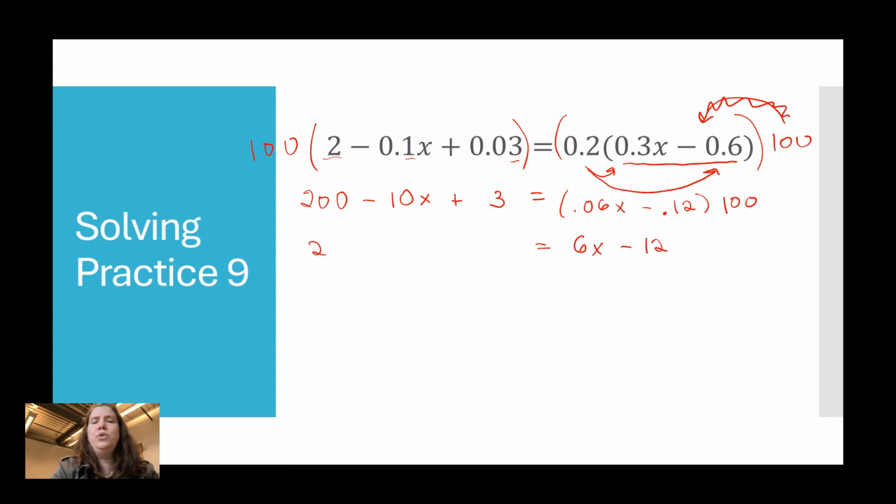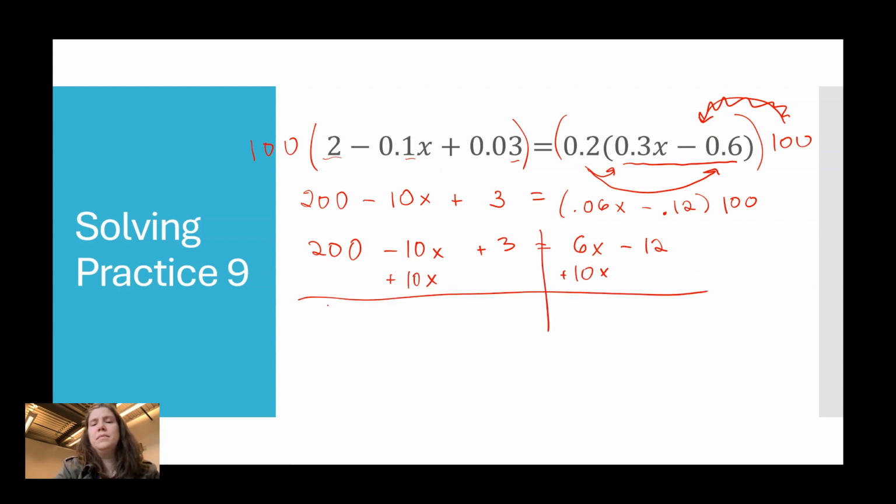So we have 200 minus 10x plus 3 equals 6x minus 12. Let's get all of the x's on the same side. 200 plus 3, I have 16x minus 12. This is just 203. I should have combined it earlier, but it doesn't matter. I can still do it now. It's just easy when I remember to do it earlier.